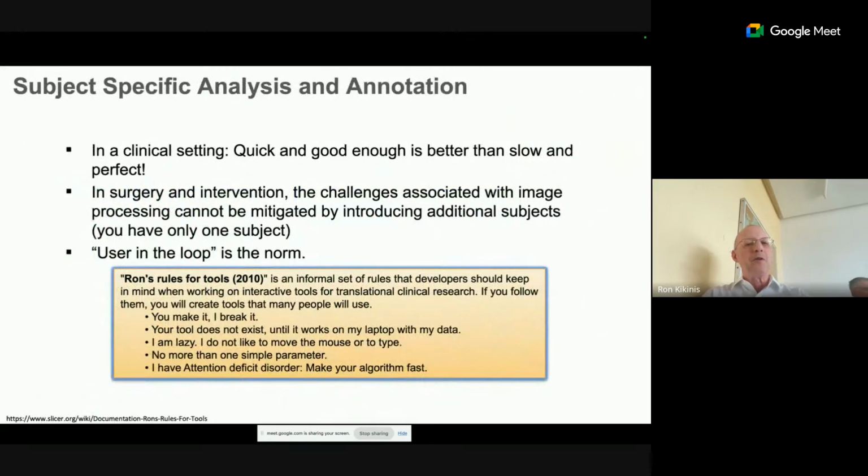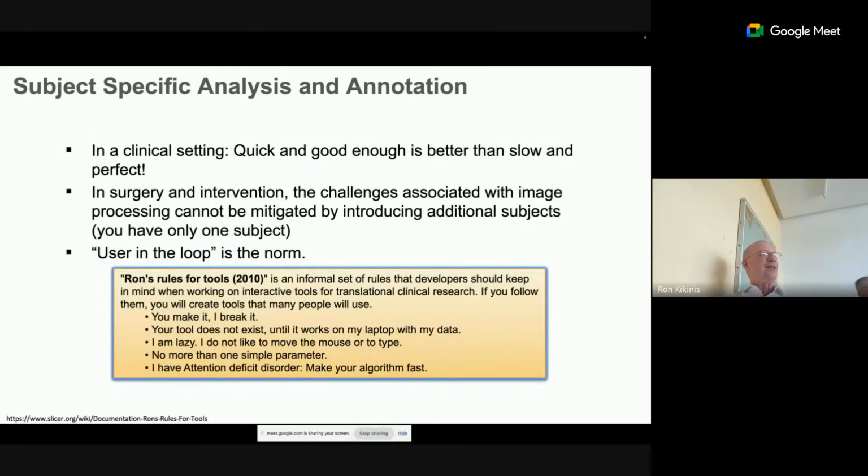So again, subject-specific analysis and annotation. You need algorithms that allow you to do it quickly. And over the years, I got tired of repeating the same story every time a new student came on.